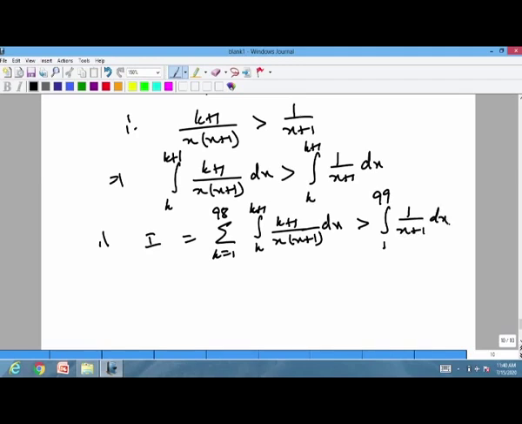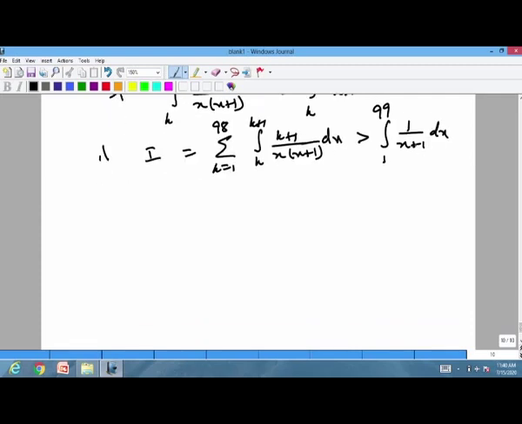So, just like we got that I is less than integral of 1 by x dx from 1 to 99, here we are getting it is bigger than integral of 1 by x plus 1 from 1 to 99, and this is equal to log x plus 1 from 1 to 99, which is equal to log of 100 minus log 2, which is equal to log 50.